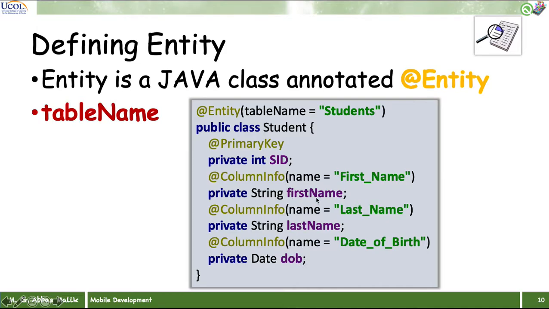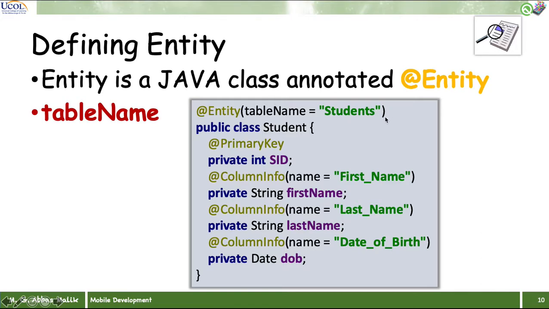SID is a column, first name is a column, last name is a column, date of birth is a column. We have annotated @Entity just above our public class Student, where we start the class definition.